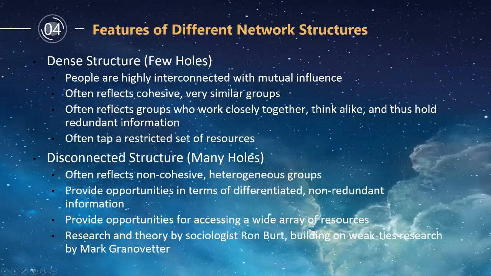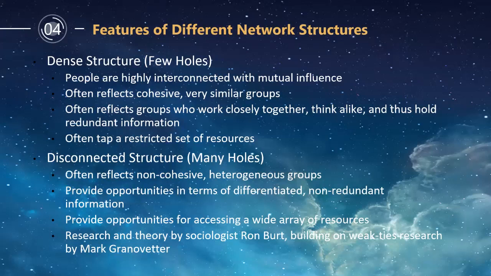And let's talk about different types of network structure. So there are 2 types of network. One is a dense structure, and one is a discontinuous structure. When you think about a dense structure, essentially people are very interconnected with mutual influence. So imagine a hub and spoke model where you're central as a connection to all the different people that you know, right?